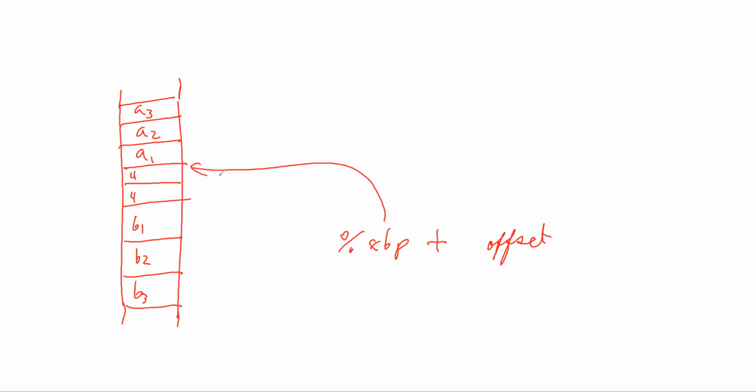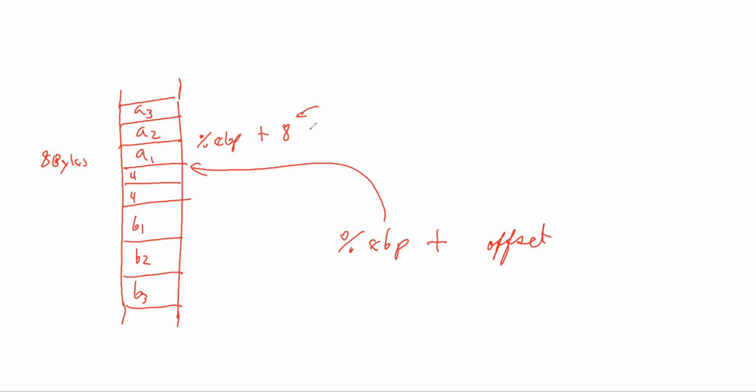If you want to access A1, and A1 is 8 bytes, some value they're going to change, you would just do EBP plus 8. The way C works is that it looks at whatever the data type is and uses that unit, so all you have to do is increment by 8.